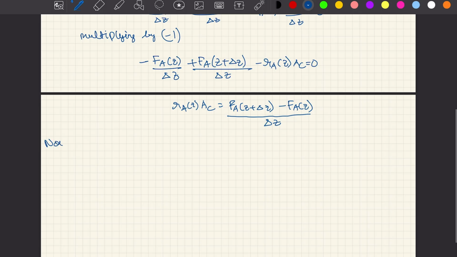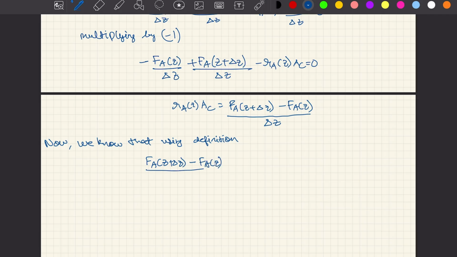Now we know that using the definition of differentiation, FA at Z plus delta Z minus FAZ divided by delta Z is equal to dFA upon dZ.